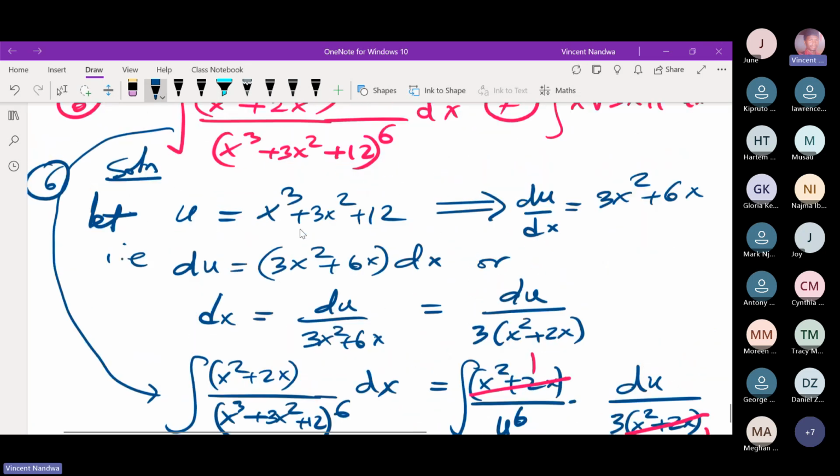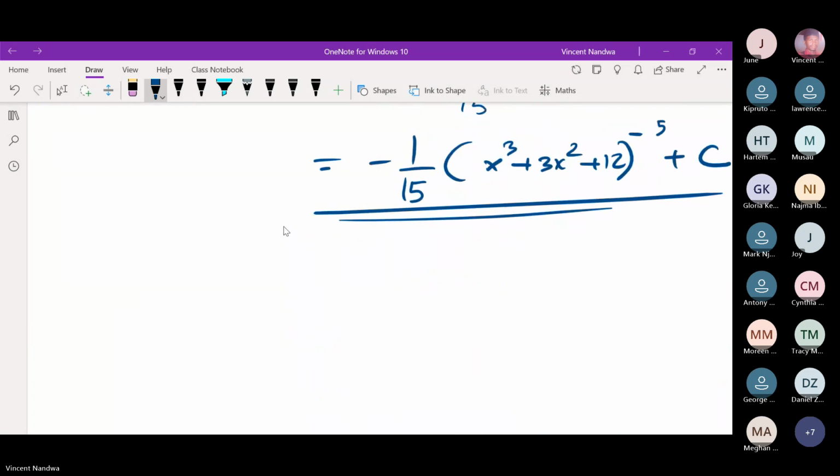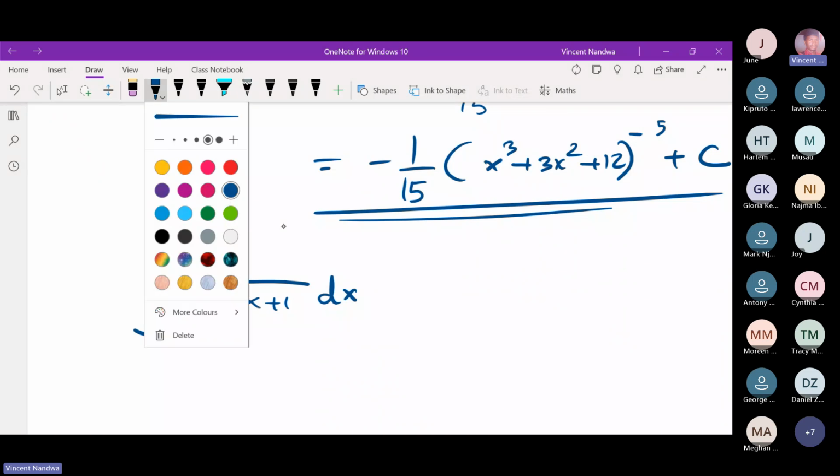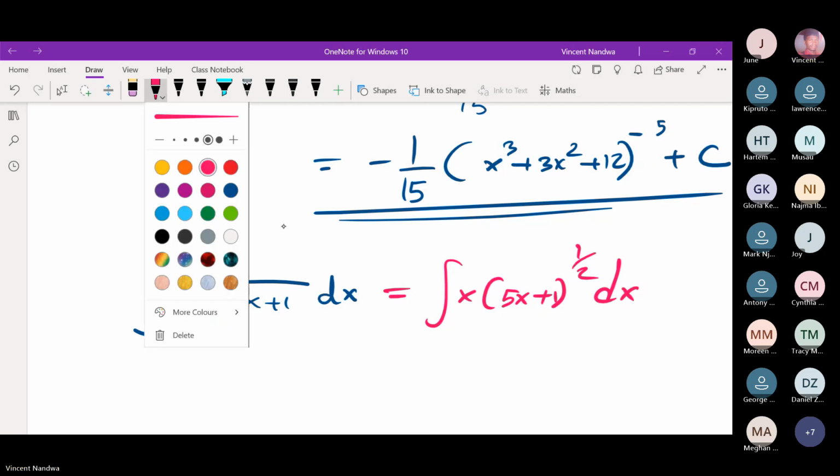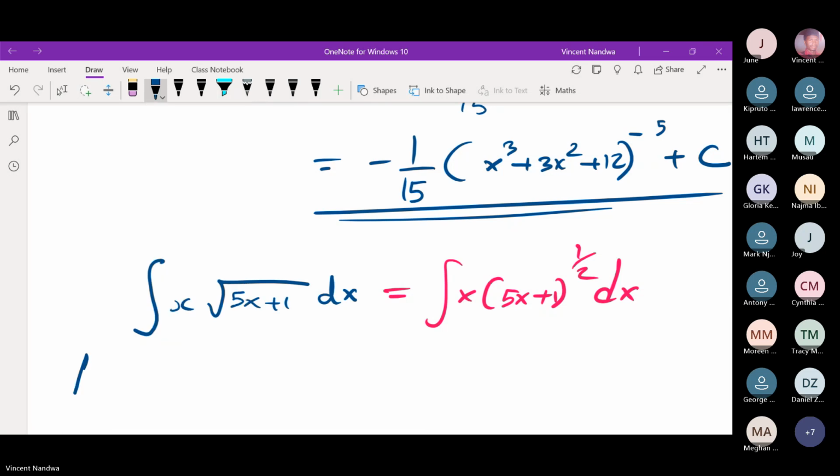Then finally, the last one, we have the integral of x times the square root of 5x plus 1 dx. So the most natural thing will be to write this as a power. So this will be x times (5x plus 1) to the power half. So by doing so, what would be the best choice for u? 5x plus 1.